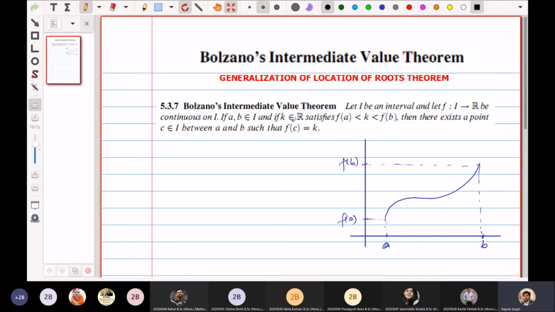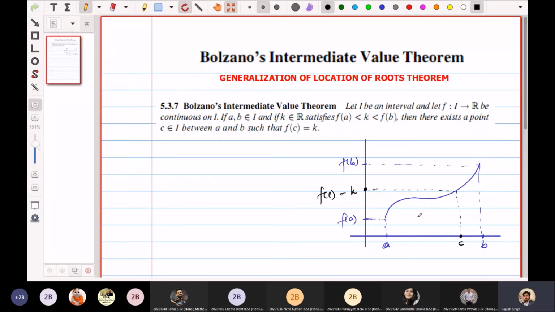What this theorem says is that if k is some point which lies between f(a) and f(b), then there exists a point c in the interval ab such that f(c) is equal to k. So if there exists any point on this line between these two, then that point has to be the image of some point in the interval ab. Clear?